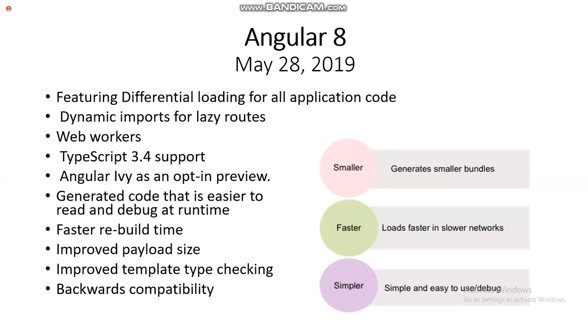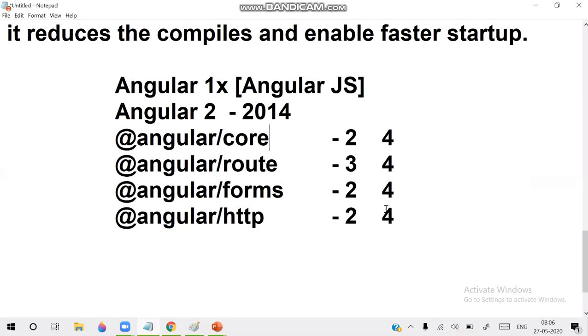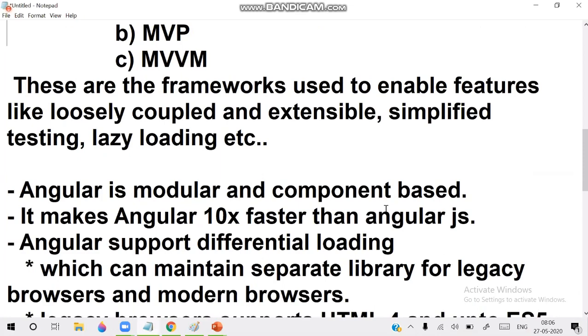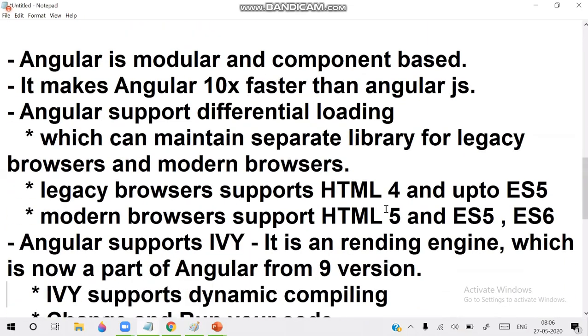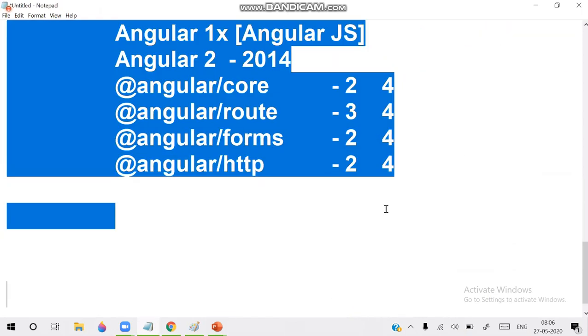But I told you the key features. So Angular 8 and 9, the key features I told you here already. These are the main differences between AngularJS and Angular, right? And version wise, so many changes and improvements are happening, right? Those you will come across while learning it.